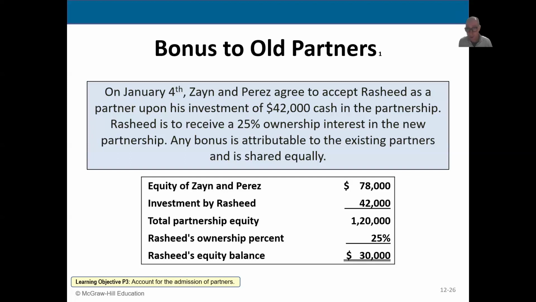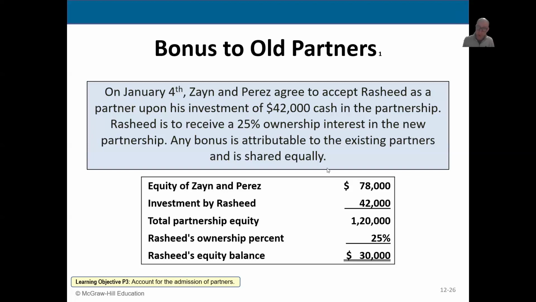In this case, the total partnership equity goes up. We take the existing partners plus the new partner equal the total partnership equity. In this case, it's $1,200,000 times the 25% interest in the business equals Tyrell's equity balance of $30,000.